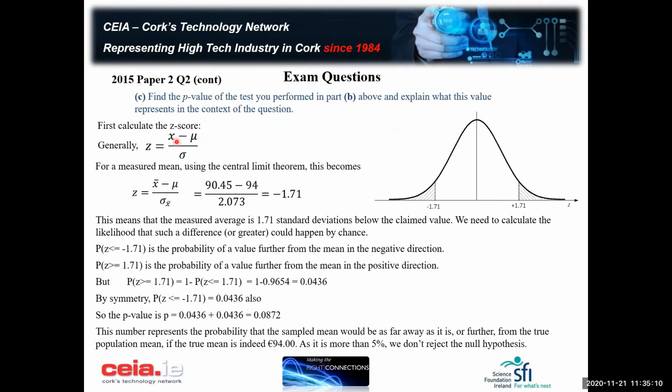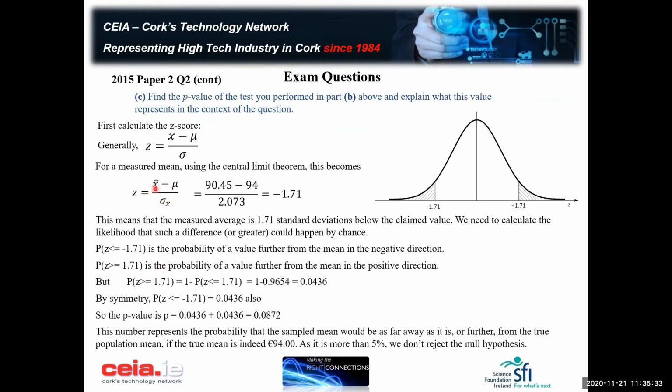So for the p-value, we need to work out the z-score. Now, generally, the z-score is x minus mu over sigma. In the case of a sample mean, the x is actually the x bar, which is the sample mean, and the sigma becomes the sigma x bar, which is the standard deviation of those means.